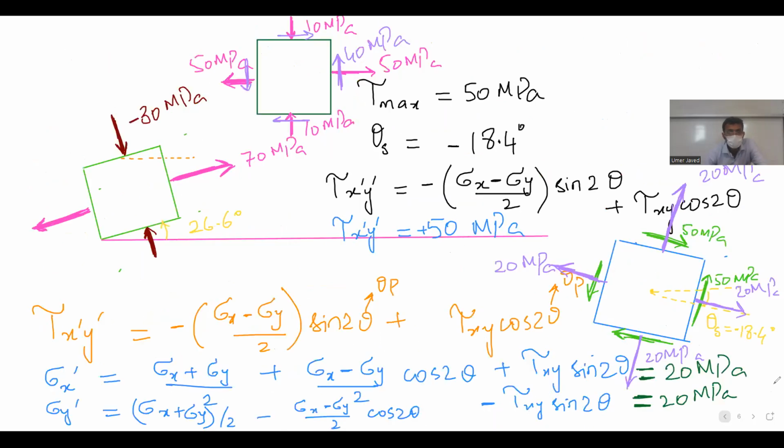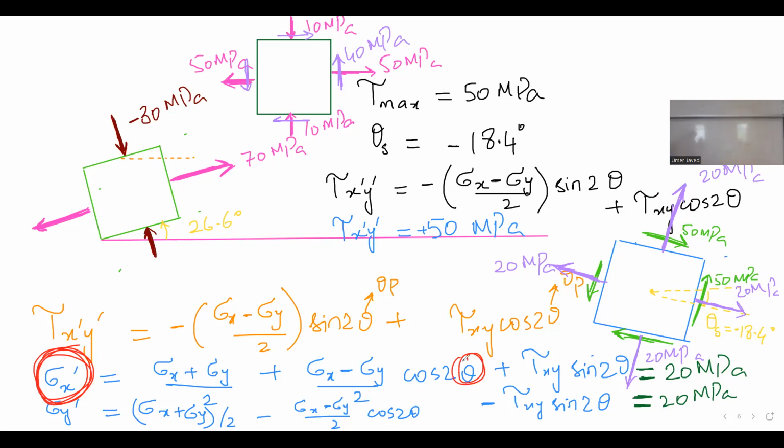There is another way. Can you please all listen to me, because this is important. The other way is you use the tan 2 theta p formula, find the two values of theta p, keep them separate, take one value of theta p and put it here, and get the value of stress x prime.